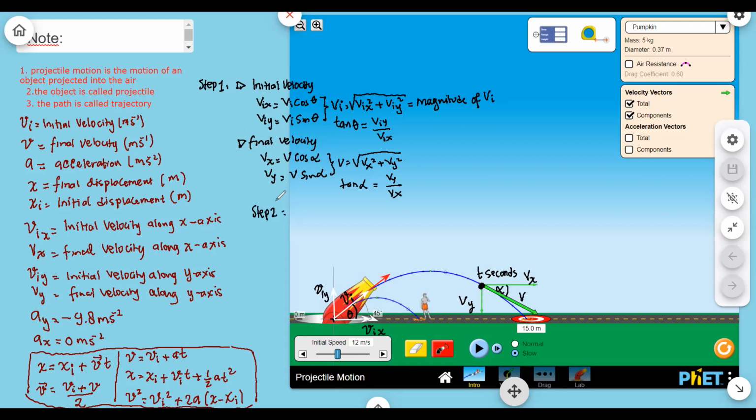So then we can put the horizontal motion first. For the horizontal motion, Ax equals 0. We can see from our assumption, Ax equals 0.